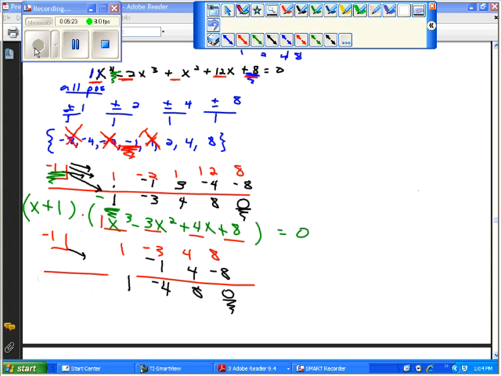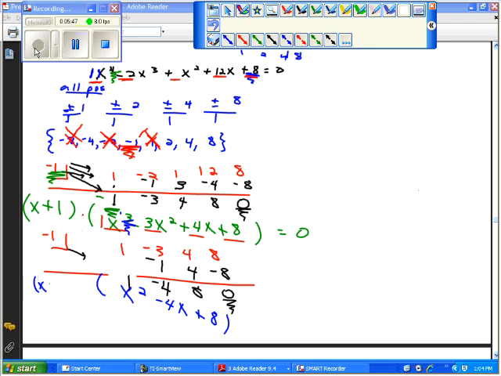Okay, everybody got that? I went kind of fast on the synthetic division, making the assumption that we all understand that at this point. Notice here we're at x to the third, so this one is going to be an x squared minus 4x plus 8.